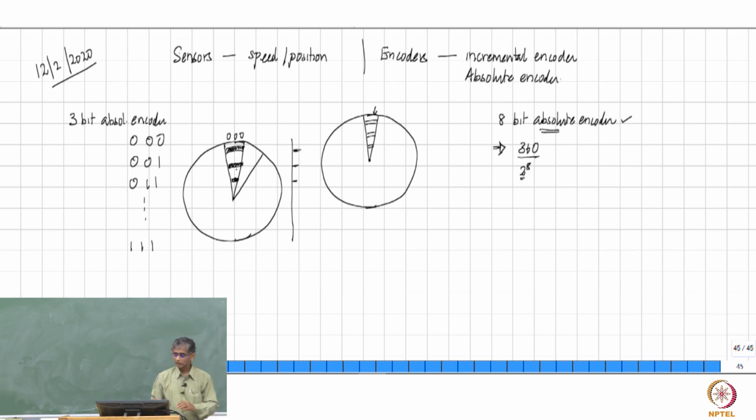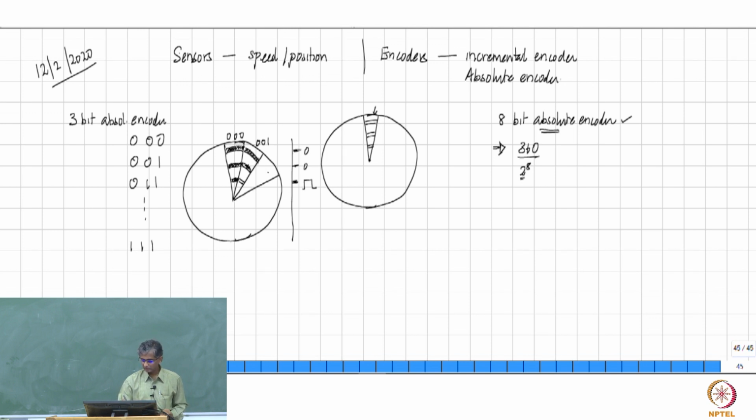On the other hand, when you go to the next one, if it should be equal to 0, 0, 1, then there is no slot here, no slot here, but you have a slot here, right? So the output from the detector there will give 1 in the next angle. Here it would give no output. Then in the next one you may have 0, so no slot, 1, 1, so you have slots.